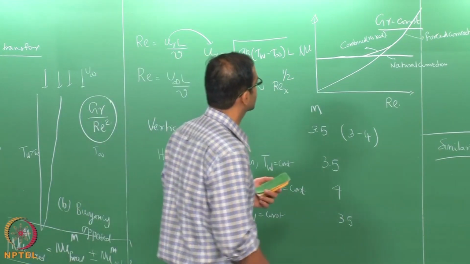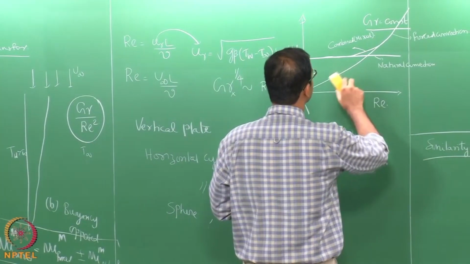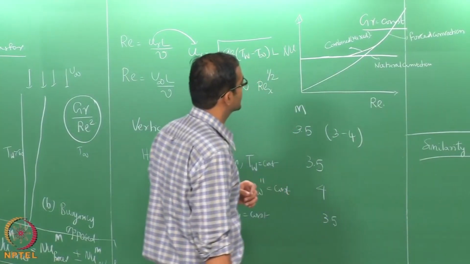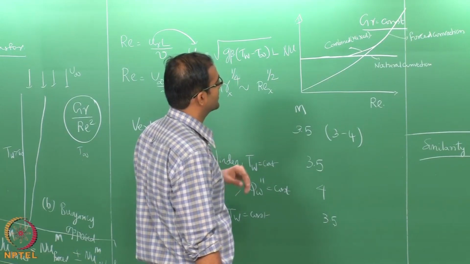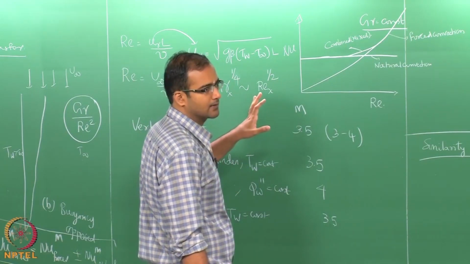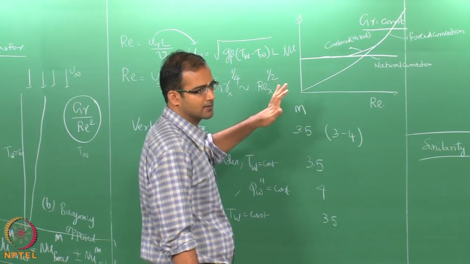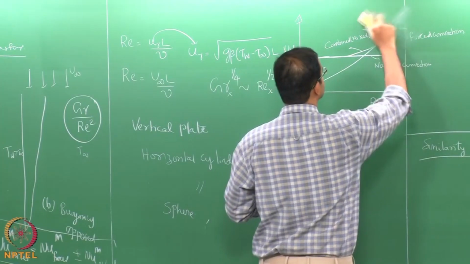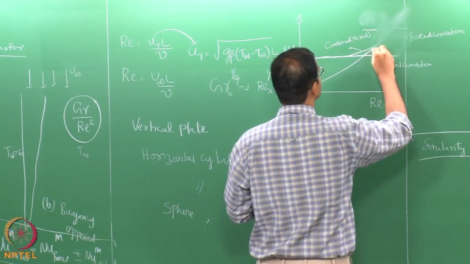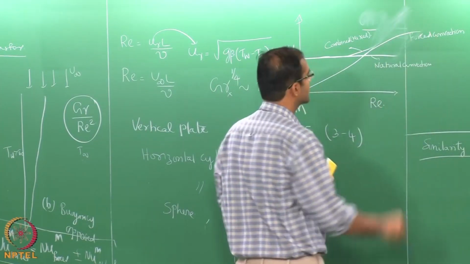Yeah, that is correct. So in that case, this is a generic representation, I have just given an idea here, the shape of the curve could be different. Okay. So what you are suggesting is it should go like this, right.